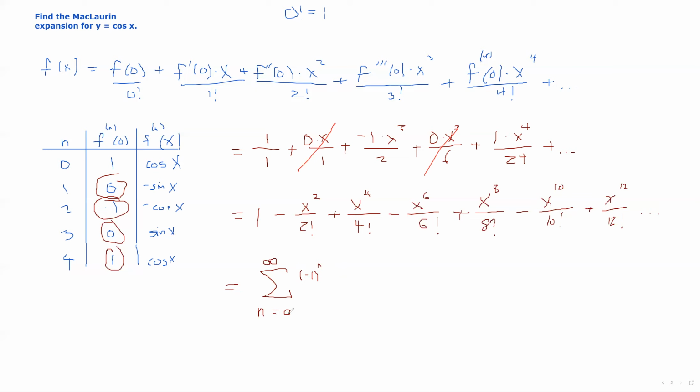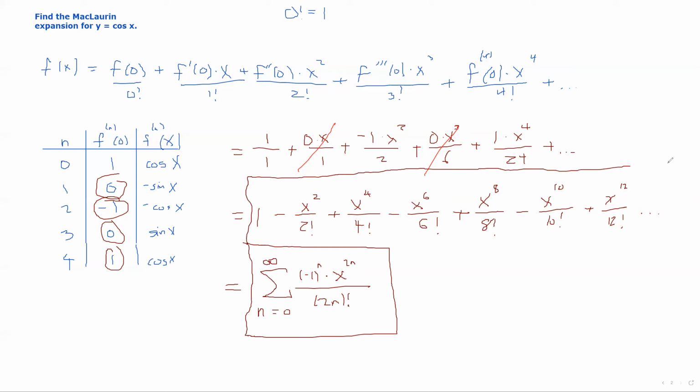However, the first one is, let's see, that works out correctly, okay, times x to the 2 times n over 2n factorial. Remember, when we do a summation, it has to count by ones. So if we want to count by twos, we have to take everywhere that we're using that number and double it. So here's our summation notation. We've basically written a really funky way of simplifying the cosine function using the MacLaurin series.